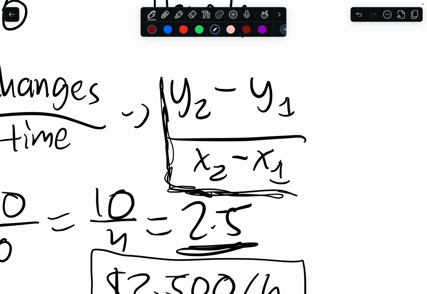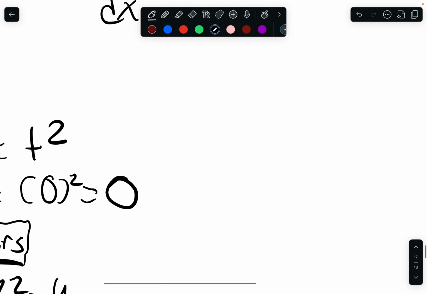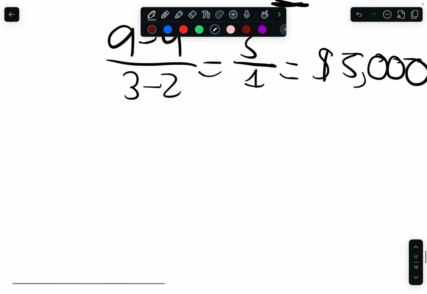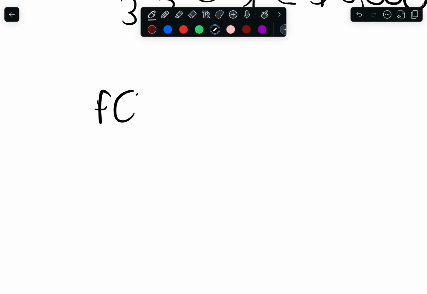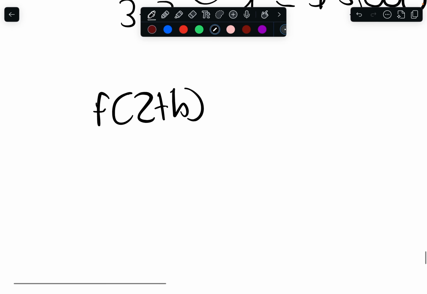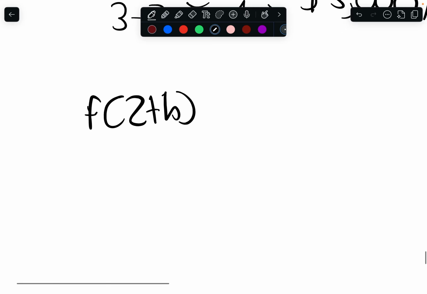Let's put this arbitrarily with variables. No worries, it won't be that scary. So, when we were using this formula, we were calculating the change some distance away from 2 hours, or some hour away from 2 hours. We could represent this as f of 2 plus h. That was basically what we were doing, because 3 hours, that's 1 hour away, so 2 plus 1, 3, 3 squared, that's going to be 9.